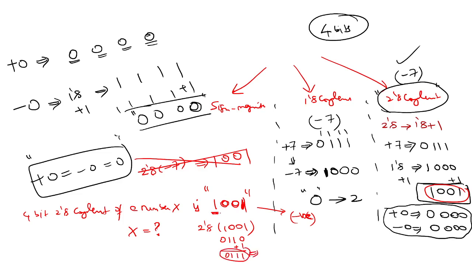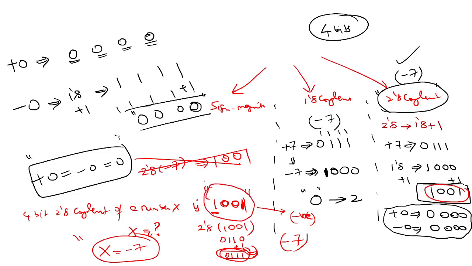By looking at this, I know it is negative and the magnitude is 7. So that number x is minus 7. You do the 2's complement again on the number given, get the magnitude, and conclude x is minus 7.